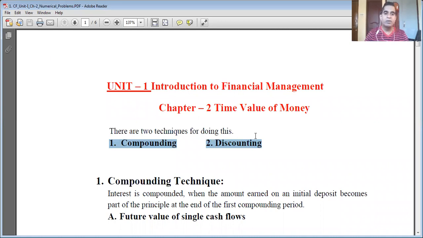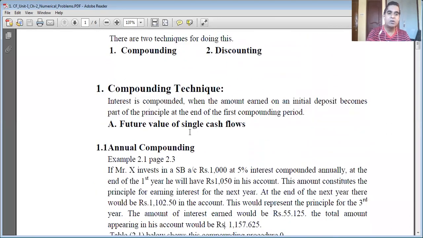So quickly, I would like to remind you that in compounding technique, we convert present values into future values. When we say value, I'm talking about rupee amount. So in compounding technique, we convert present values into future value. And with respect to compounding technique, there are two cases where we can compute the future value of a single cash flow.